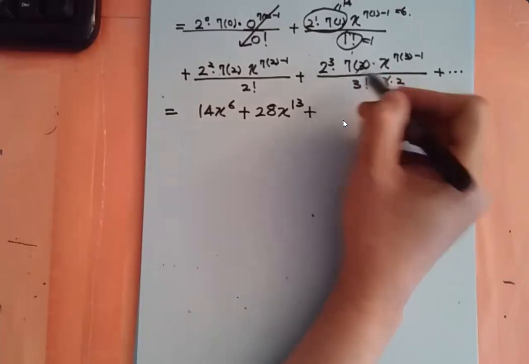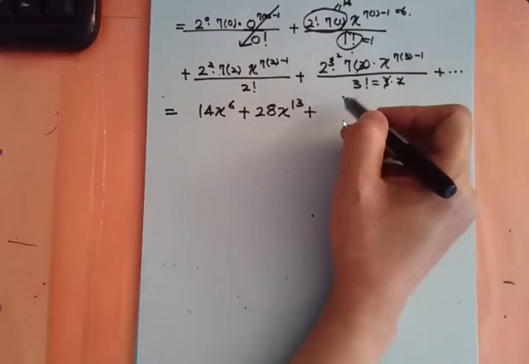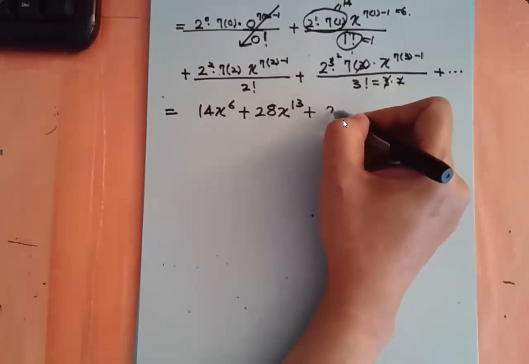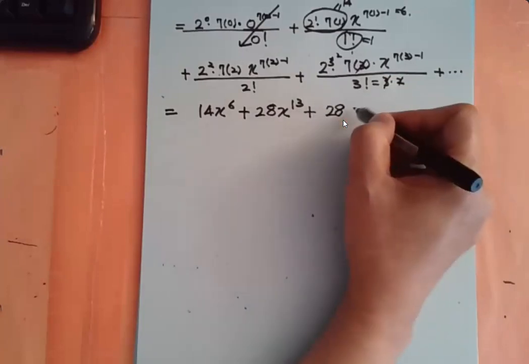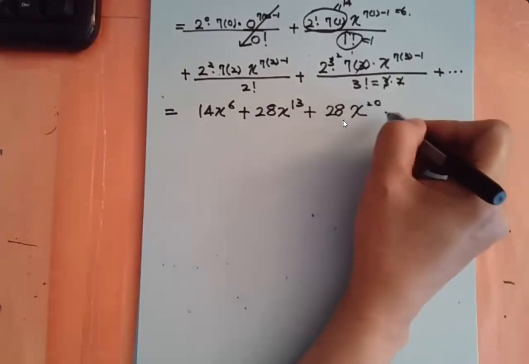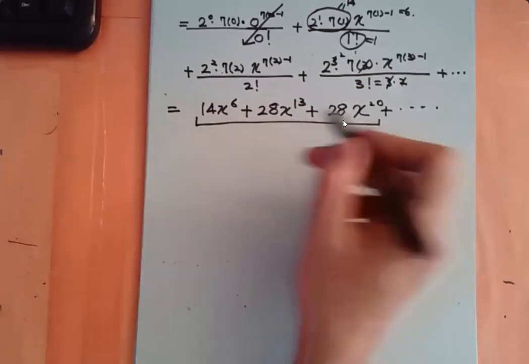This one will cancel. So 4 times 7 is 28, x^20, and so on. And the answer is this one.